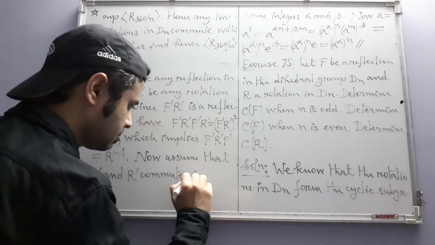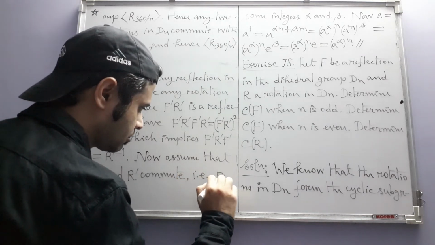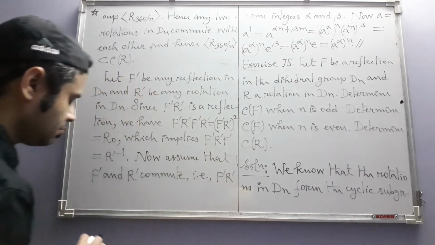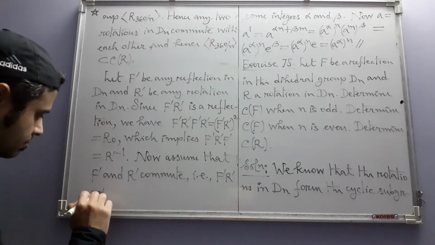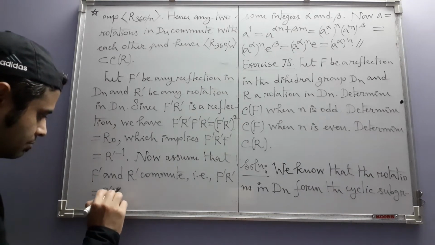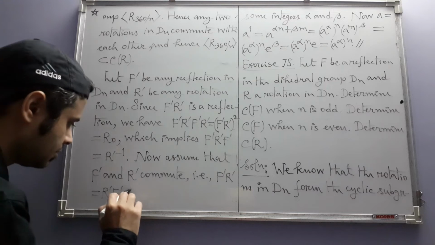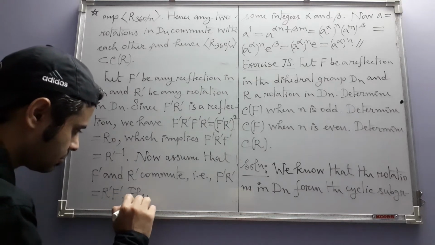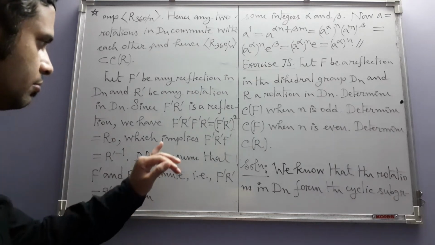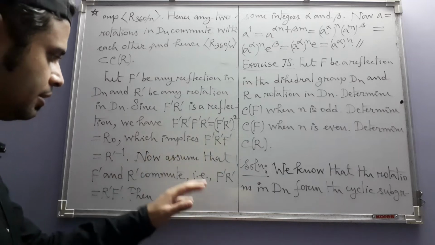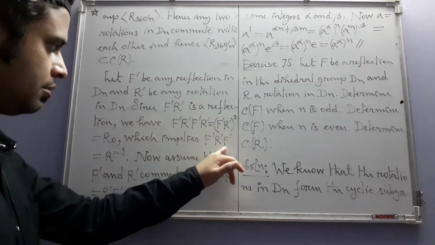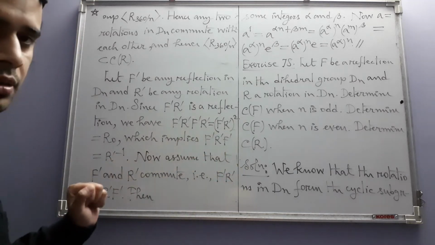That is, F prime R prime is equal to R prime F prime. Then if we invoke this new condition here, what do we get?